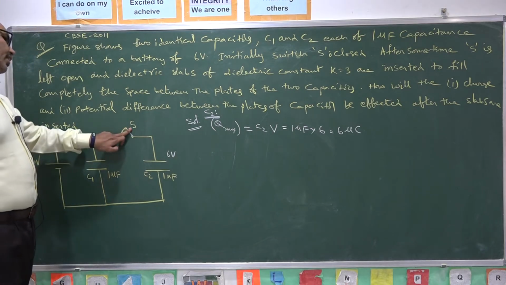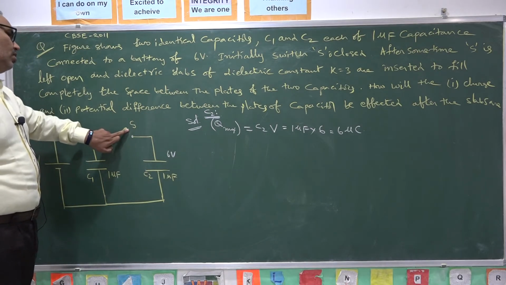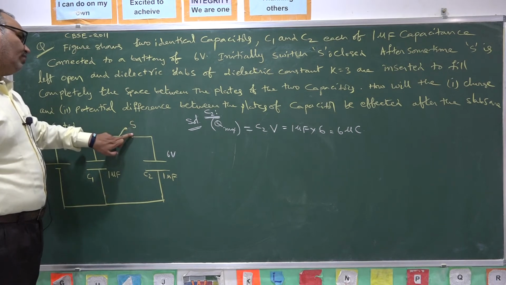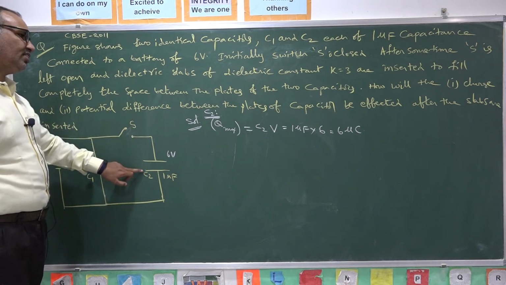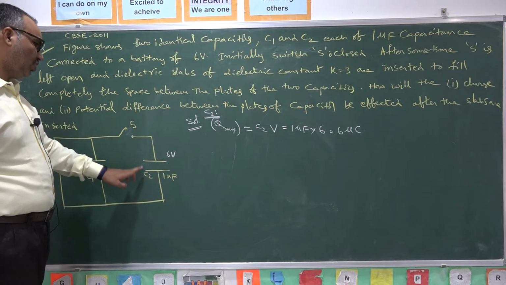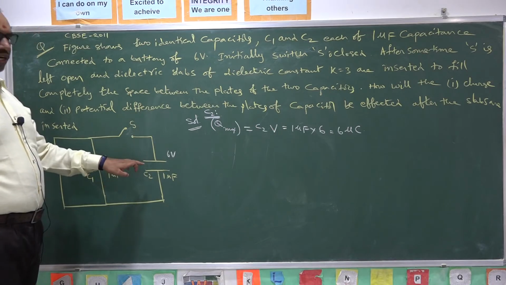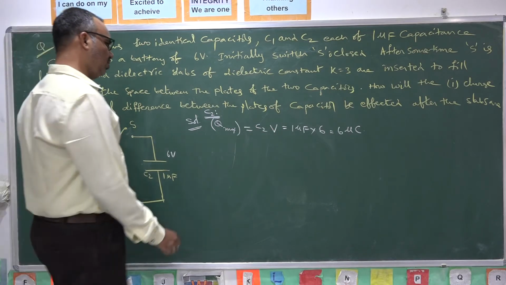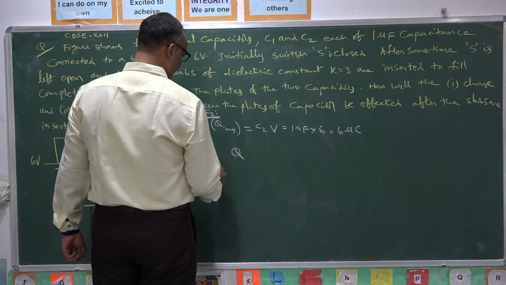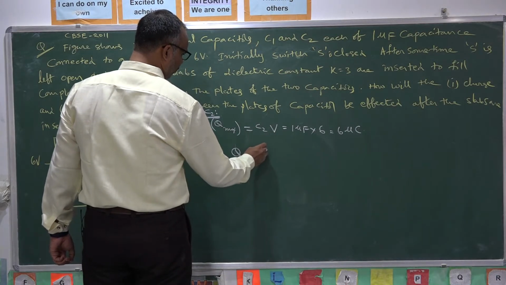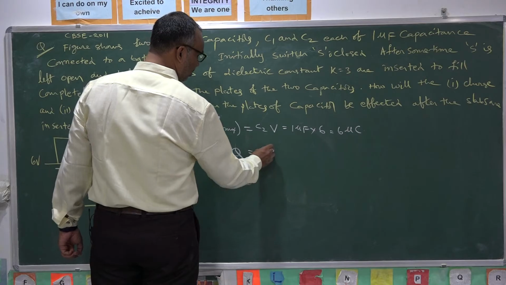Now we removed the key. After removal of the key, total charge is conserved. No charge is going to deposit over here, no charge is going to leave. The final charge, Q final, is equal to Q initial, nothing but 6 microcoulomb.